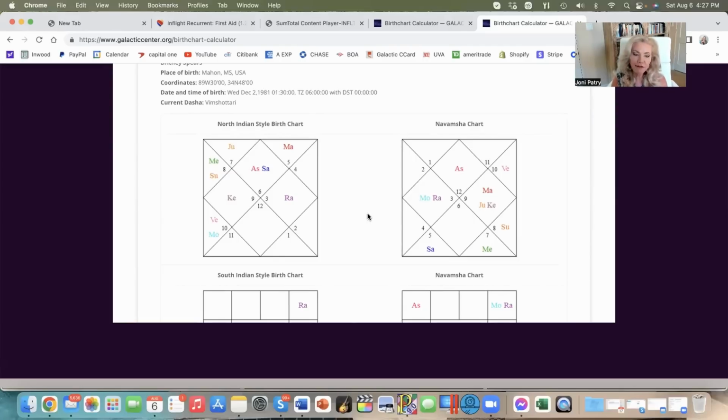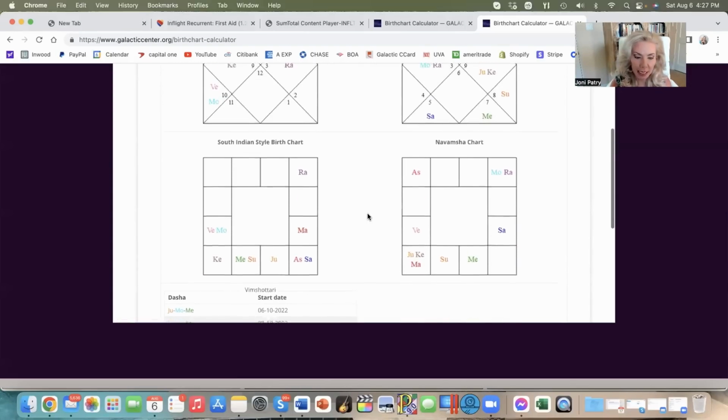They're just different formats, and it depends on who your teacher was as to what format you learned Vedic astrology with, and that's going to be the one you're most comfortable with. There's no such thing as one being better than the other, just which one you feel most comfortable with. And my teachers apparently came from the south of India. That's why I use the South Indian style chart.